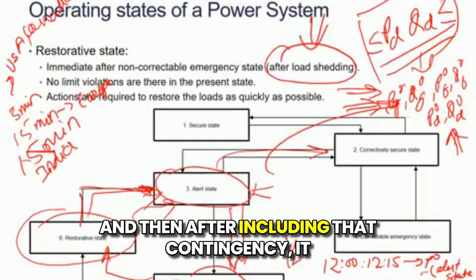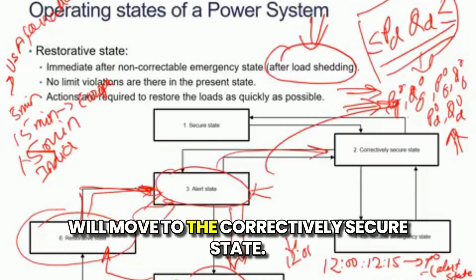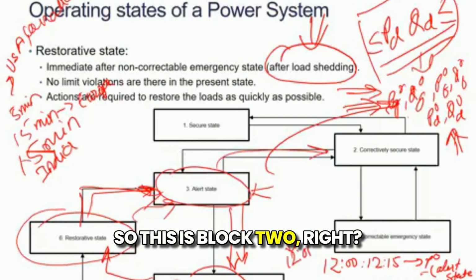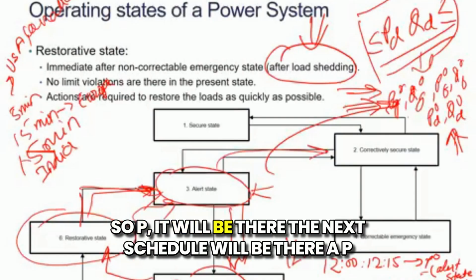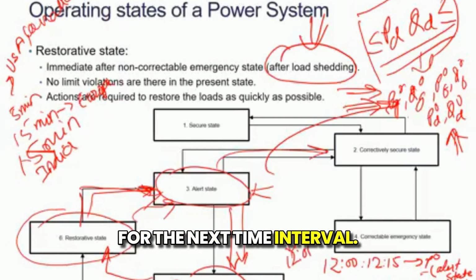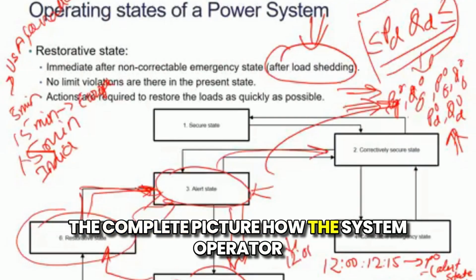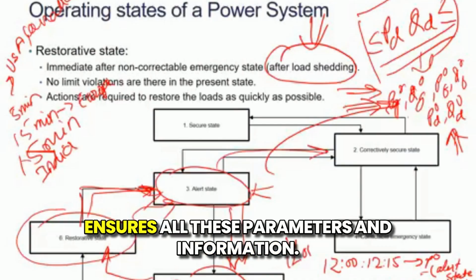And then after including that contingency, it will move to the correctively secure state. I'm just writing CS as a short form. So this is block 2. So P dash will be there, the next schedule will be a P dash for the next time interval. So you got my point, the complete picture of how the system operator ensures all these parameters and information.